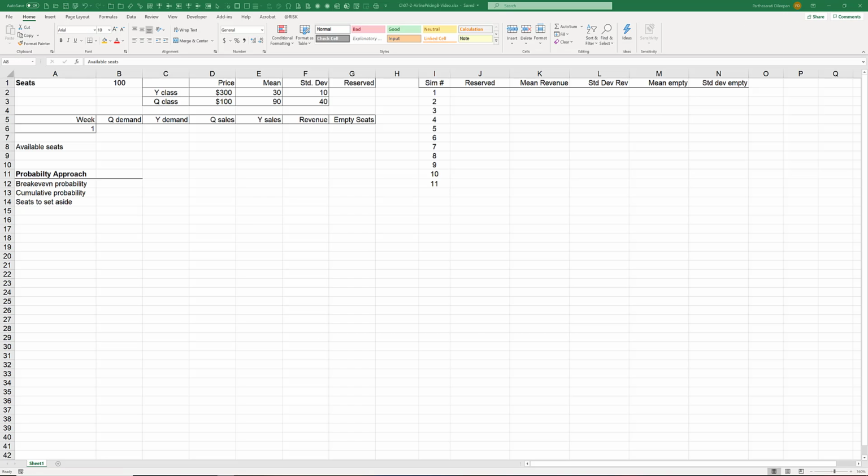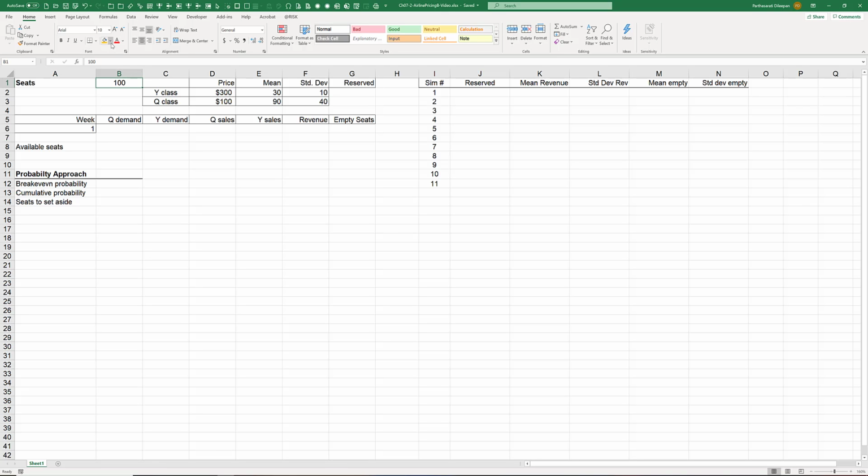So let's go ahead to Excel. Since we're only going to look at strategy 3, this does not have strategy 1 and 2 here; we're going to set it up only for strategy 3.